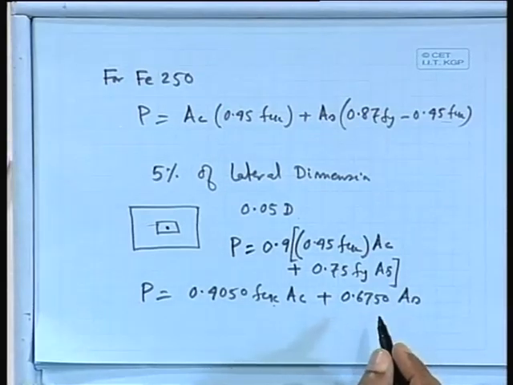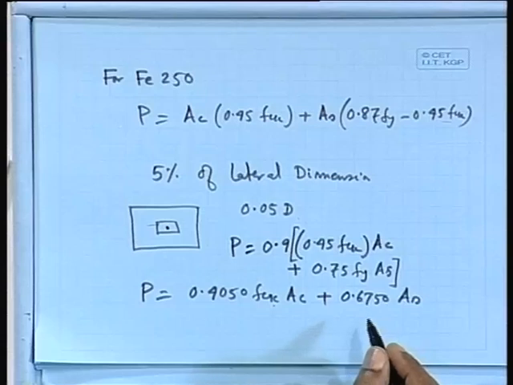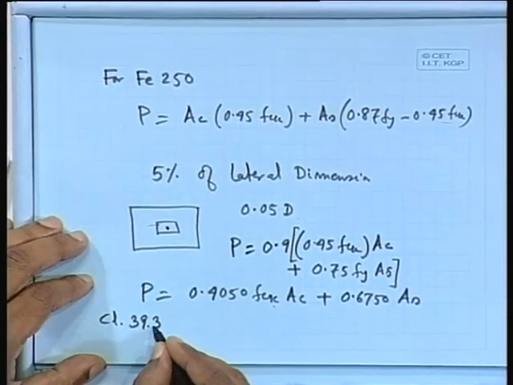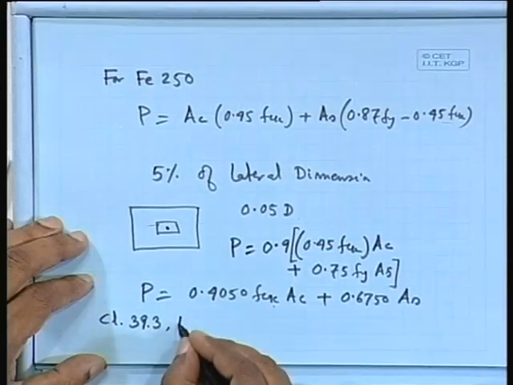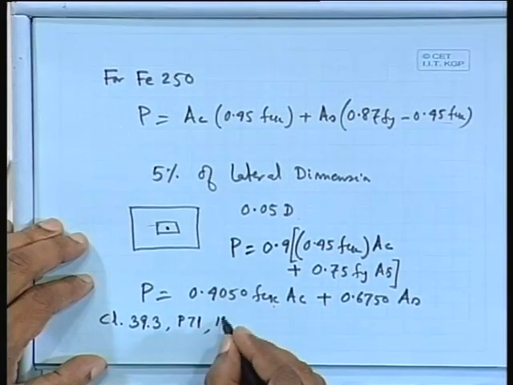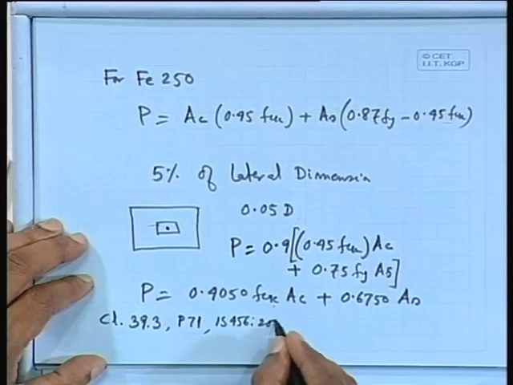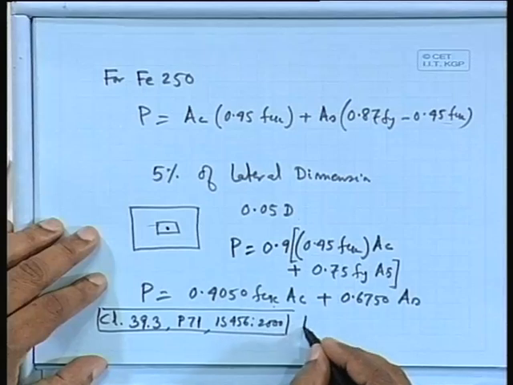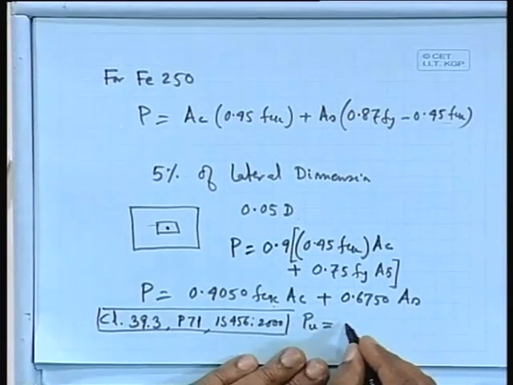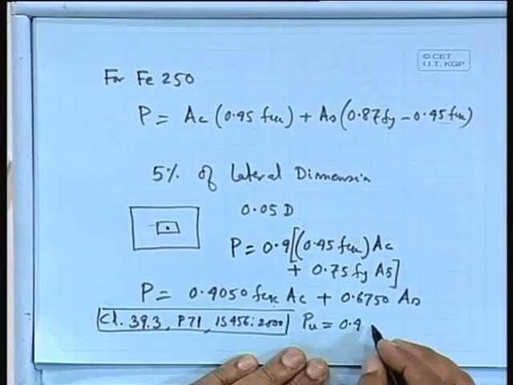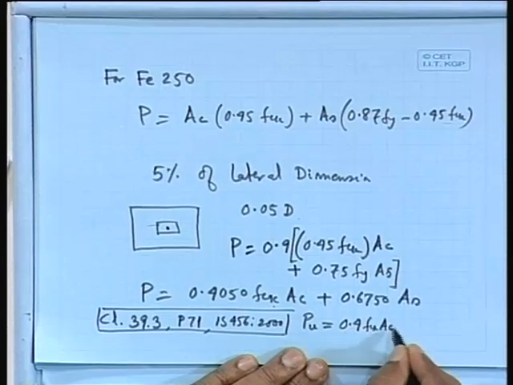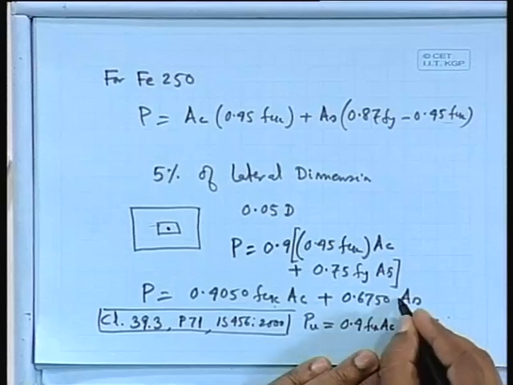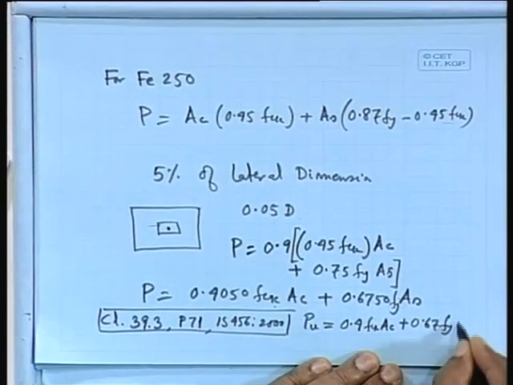Now our code says, that is in clause 39.3, page 71 of IS 456 2000, our code says PU equal to 0.4 FCK AC plus 0.67, sorry, here Fy is missing, FY AS.